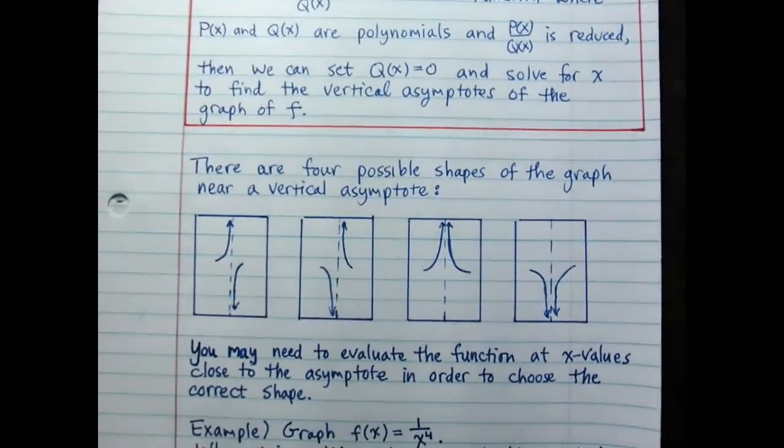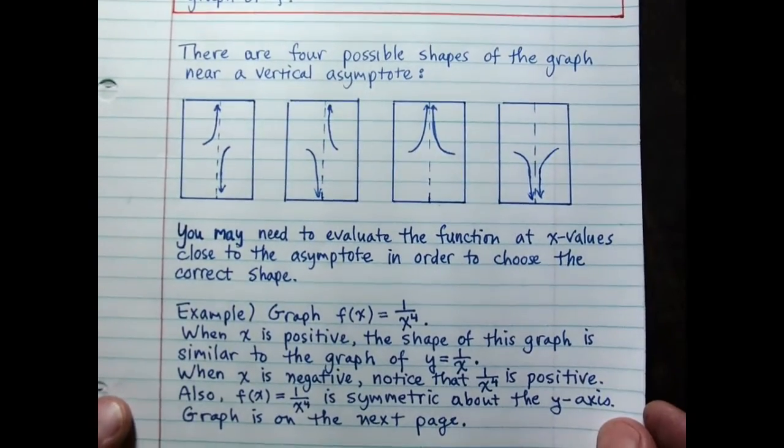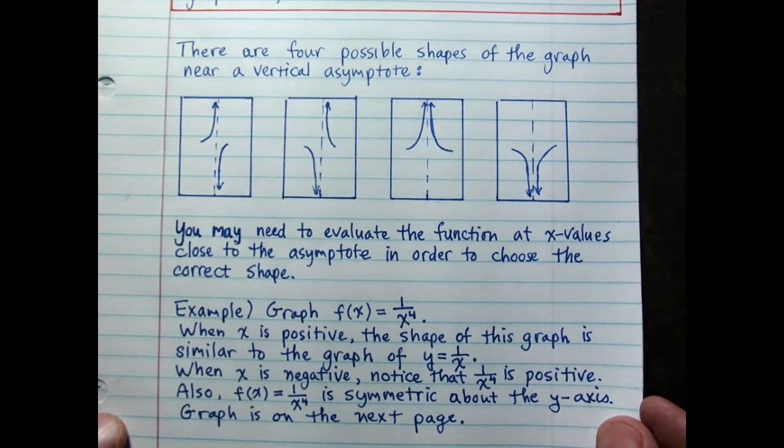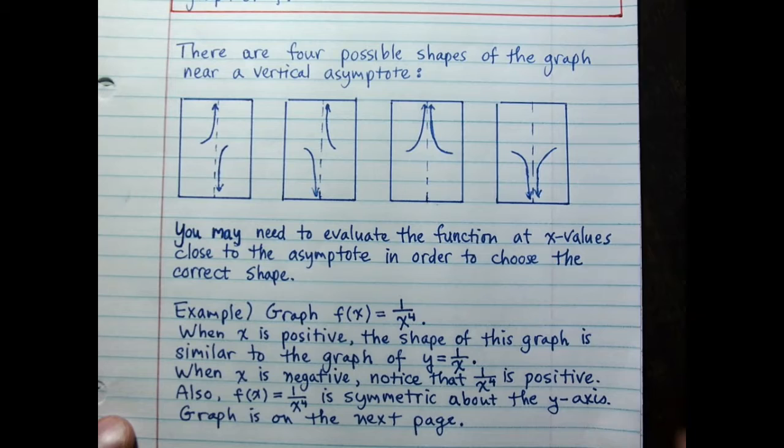I want to give you just one fairly simple example here, the graph of f of x equals 1 over x to the 4th. When x is positive, the shape of this graph is kind of similar to the graph of y equals 1 over x. The points are in different places, but the shape is similar.